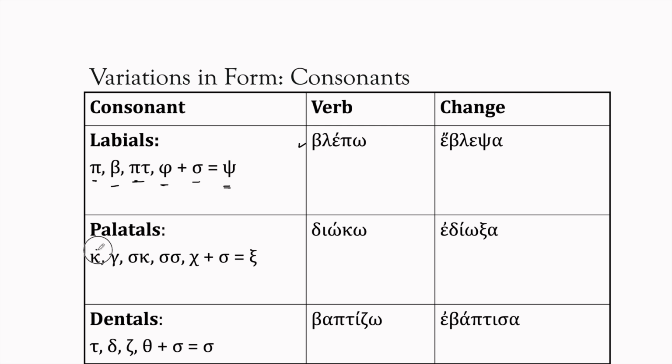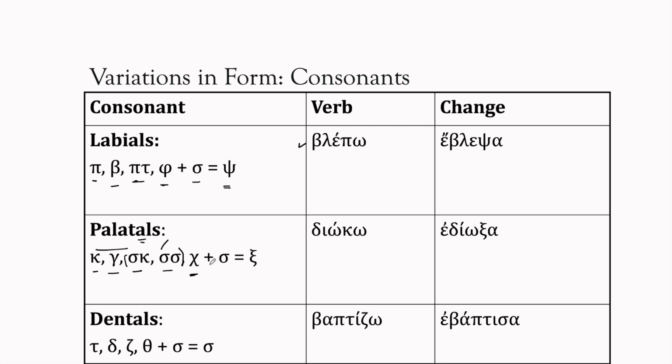Then there's the palatals. So a kappa, a gamma, a sigma kappa, a double sigma, or a chi. Their primitive root has a palatal, so that's why I'm putting them there.